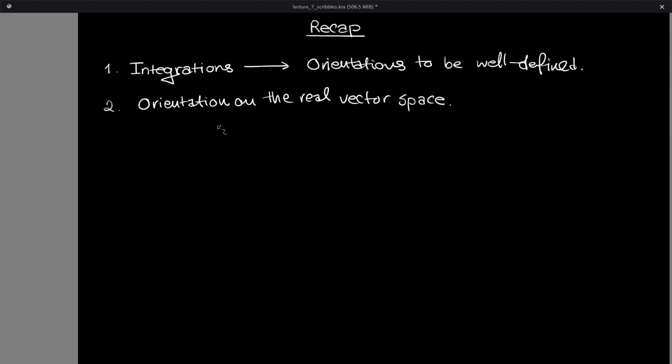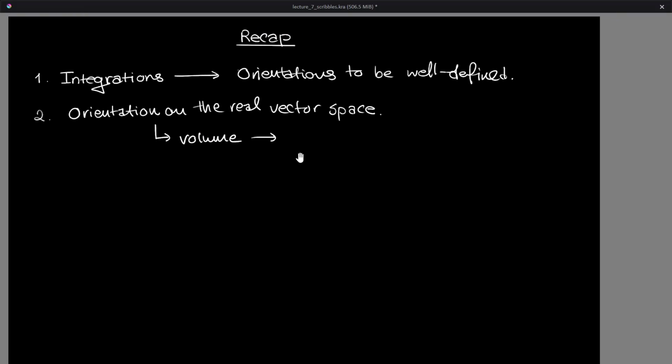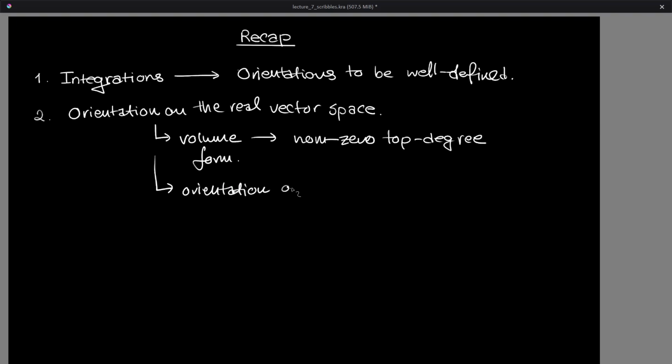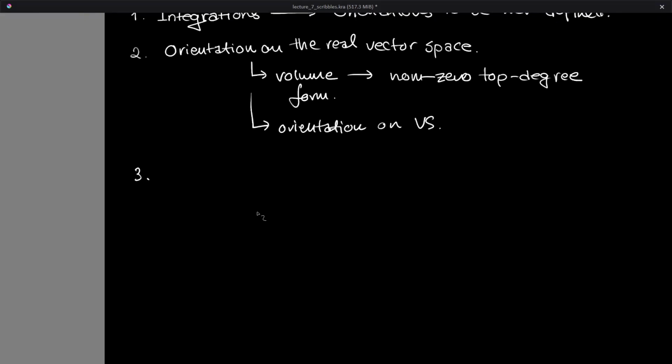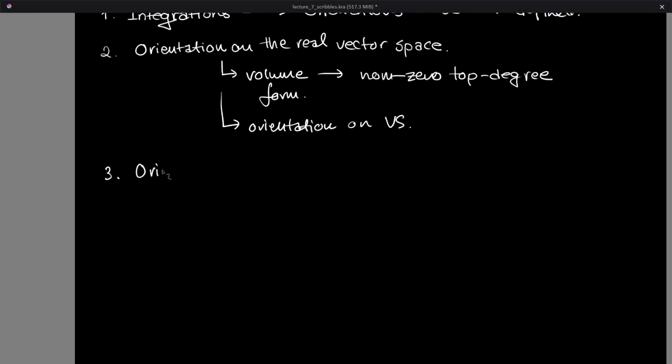Then we defined something called a volume form, which is a non-zero top degree form. We use that to define the orientation on the vector space.